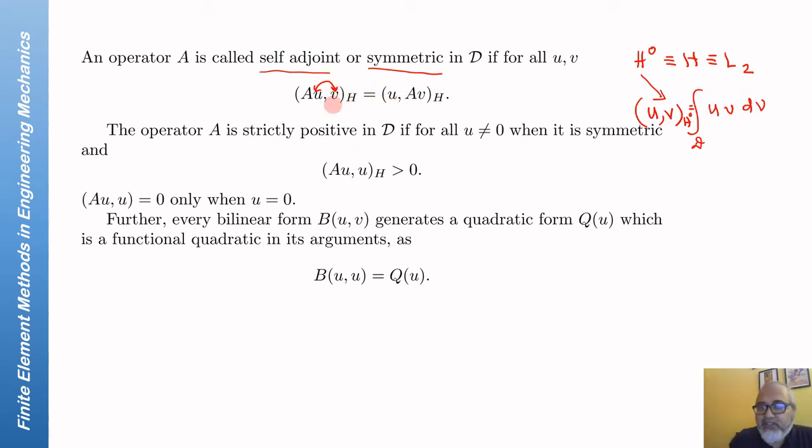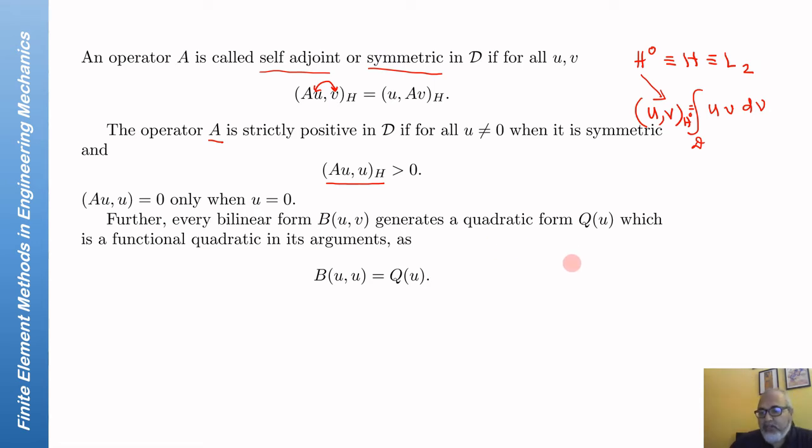Similarly, if A is self-adjoint, and if AU comma U is always greater than 0 unless U itself is equal to 0, apart from that it is always greater than 0, then A is called a strictly positive operator. So we will deal with strictly positive operators only and prove a couple of results for a strictly positive operator.